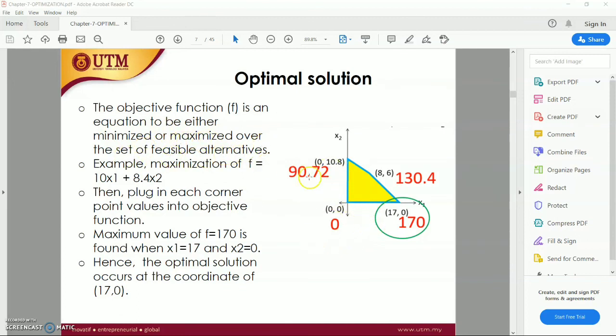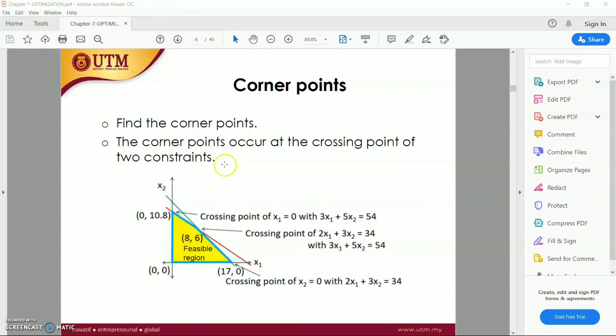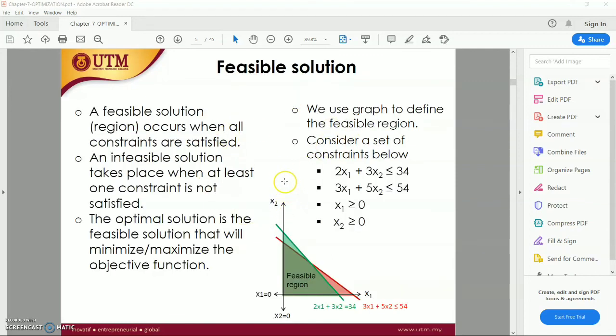And then we can find out the solution. This slide is given by my lecturer from the School of Computing, Universiti Teknologi Malaysia. So we studied like this way. So we can find the optimal solution, corner points, the intersection points and the feasible solution this way.